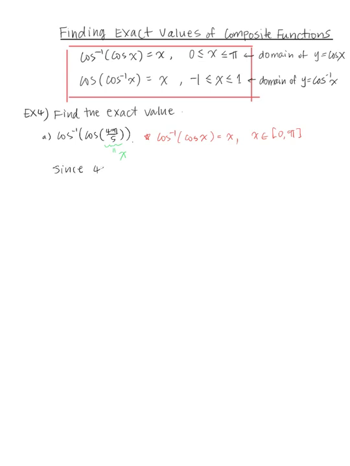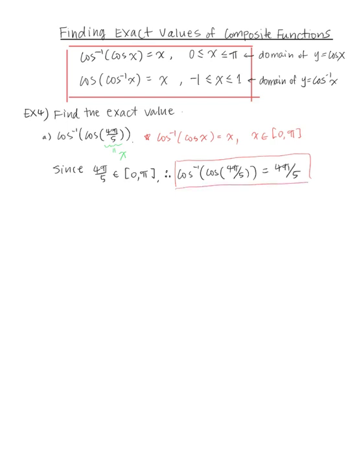Since 4 pi over 5 is inside of 0 to pi, I think we can just apply the property above. So that means cosine inverse of cosine of 4 pi over 5 equals 4 pi over 5. And there's your answer.